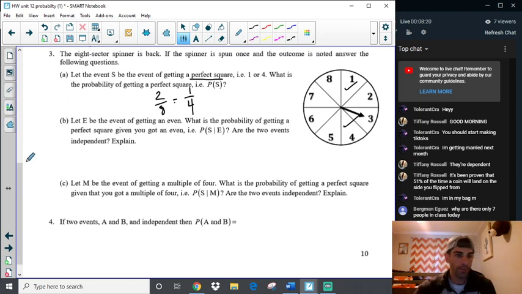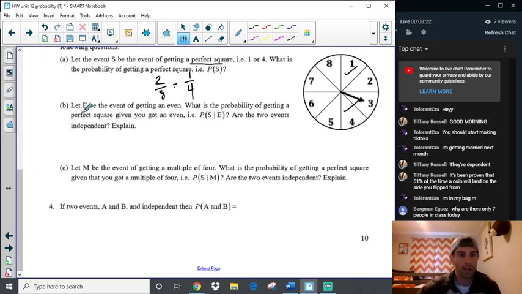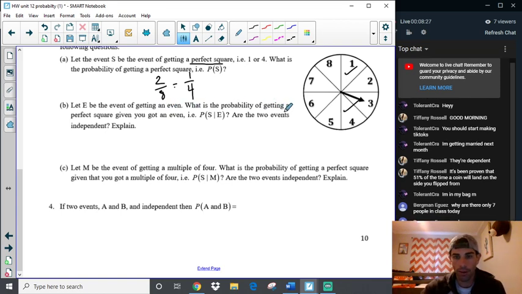Okay. B. Let E be the event of getting an even. What is the probability of perfect square given you got an even? Probability of S given E. Are these 2 events independent? So S given E. Remember, E is what's going to go on the bottom, and S and E is what's going to go on the top.